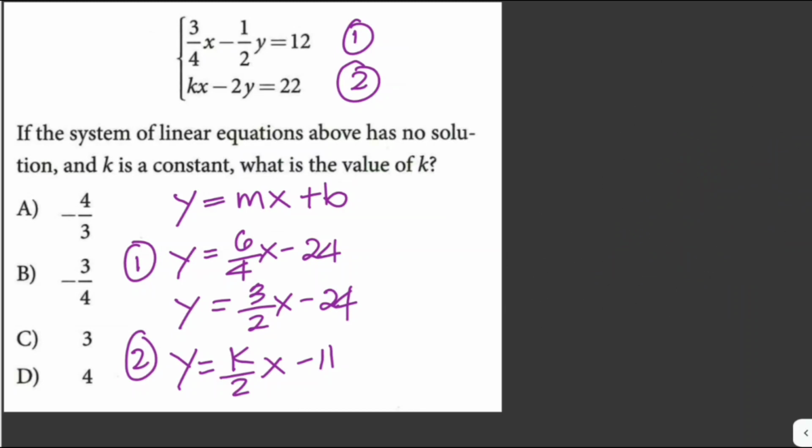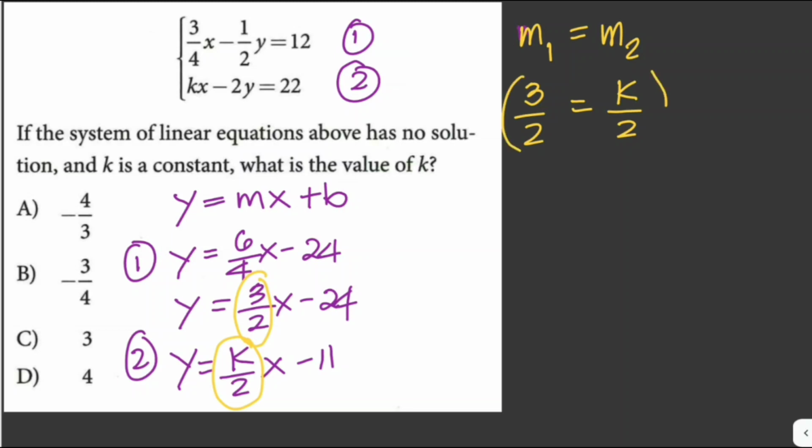Since the slope of equation 1 is equal to the slope of equation 2 because the two lines are parallel, the slope for equation 1 is 3/2. That is equal to the slope of the second equation, which is k over 2. And now we can solve for k.